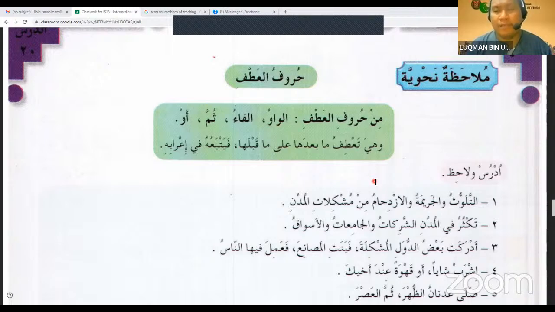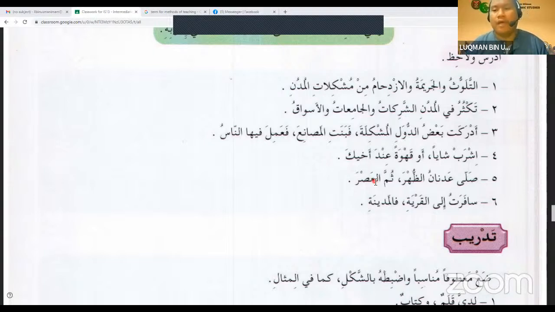Then thumma, meaning and then, indicates a gap in time, a time that did not happen immediately, a slight pause. Okay? So let's give an example.